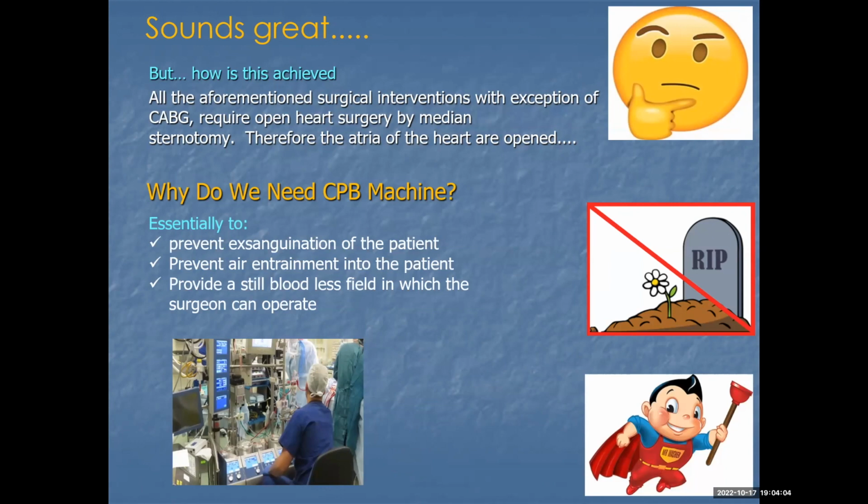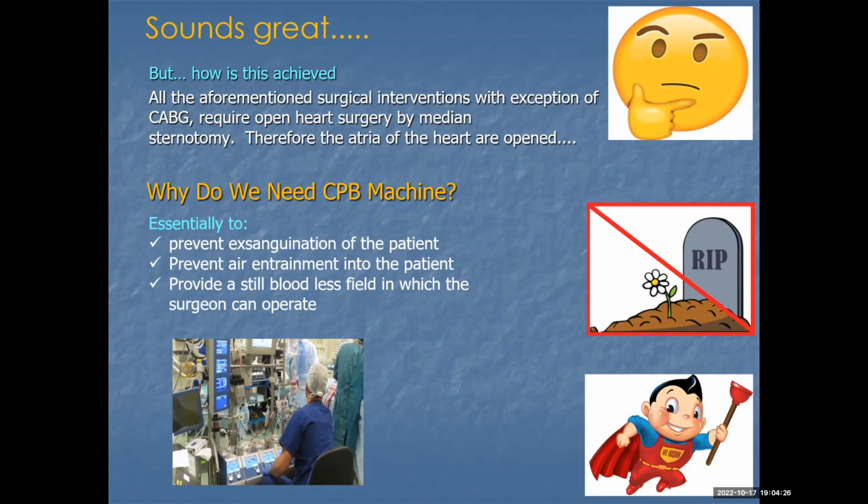So that sounds good, but how is it achieved? All of them, apart from coronary artery bypass grafting, are open heart surgery, so we need to go into the chambers of the heart. If we do that without the heart-lung machine, the cardiopulmonary bypass machine, we will either exsanguinate the patient or entrain air into the patient, neither of which we want.